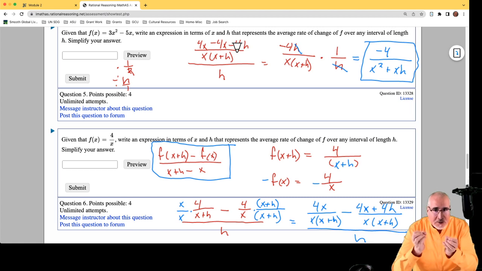Learning how to use this average rate of change. h is just a technique of putting in an extra variable that we are later on going to make anything we want. We can even make h be 0, which we eventually do, and we're going to see that we're able to get the derivative, not the average rate of change, but the instantaneous rate of change.